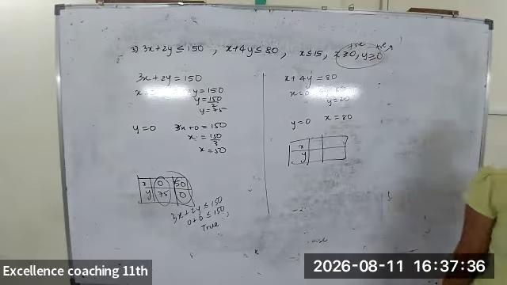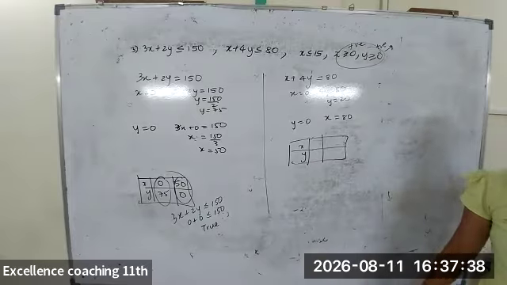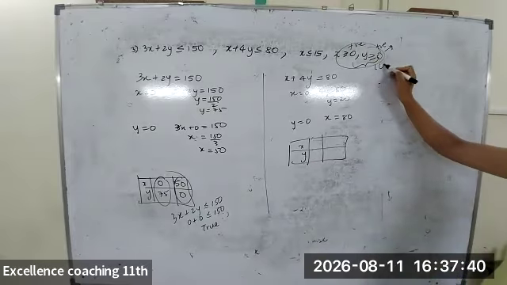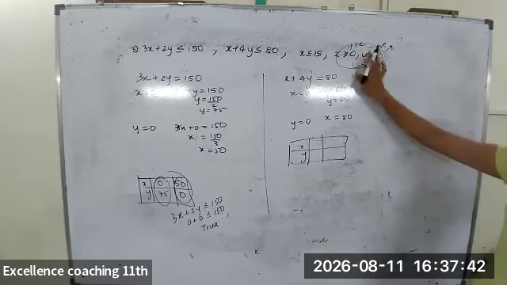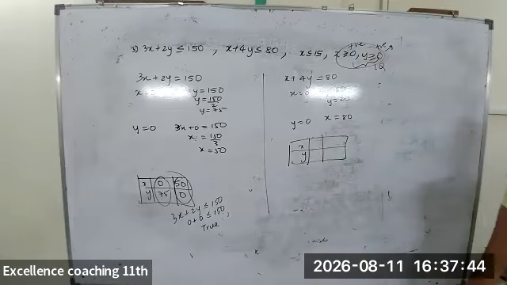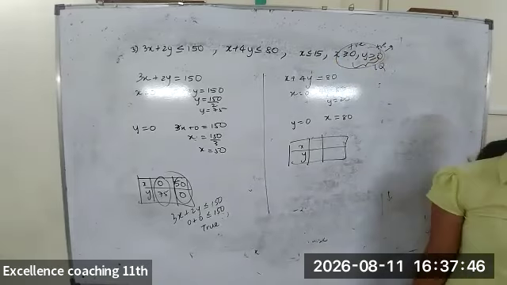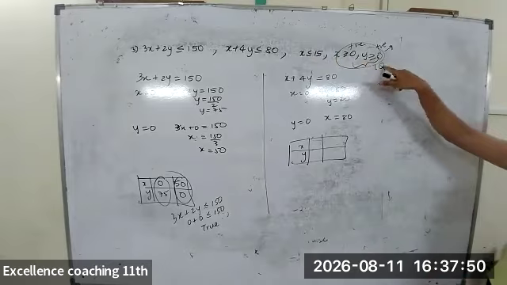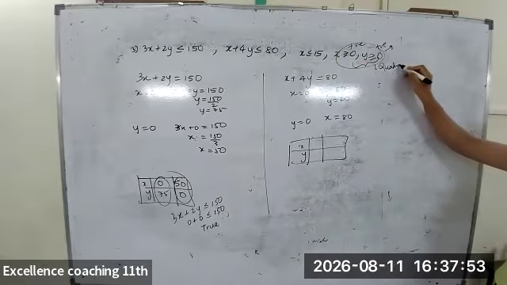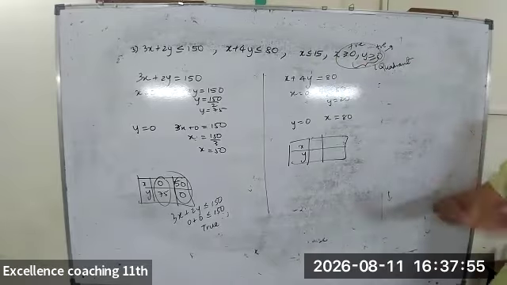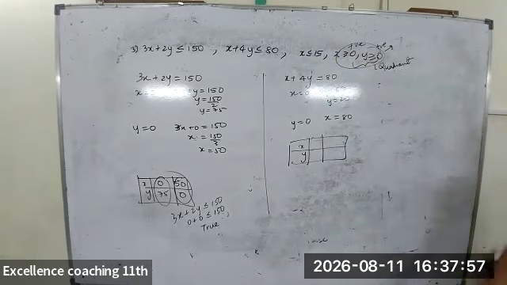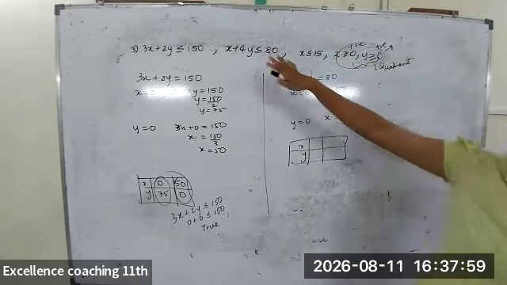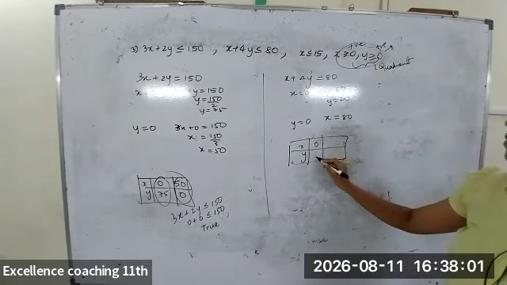X should be greater than 0, y should be greater than 0 means this answer should be in the first quadrant. So with zero thing you don't have to plot this. Only these 3 lines. Whatever you have to shade will lie in the first quadrant. That is what they are trying to tell you. Otherwise, these are your main 3 lines which you have to plot.